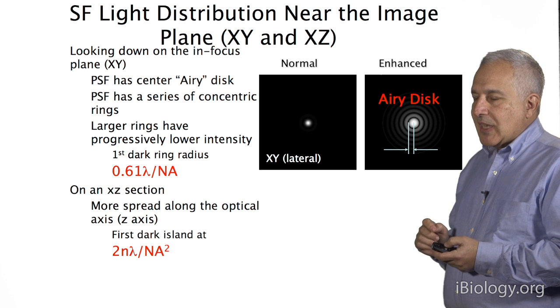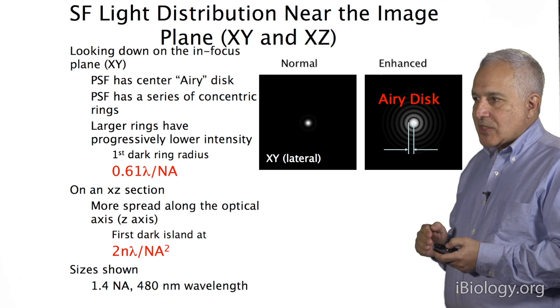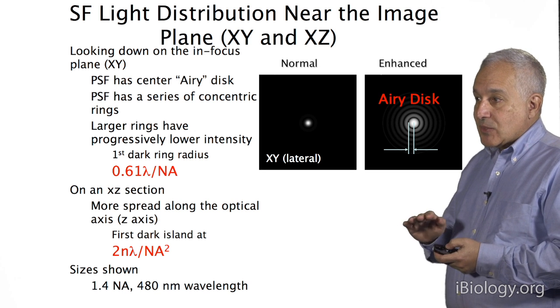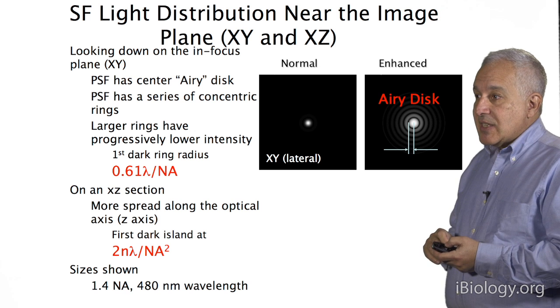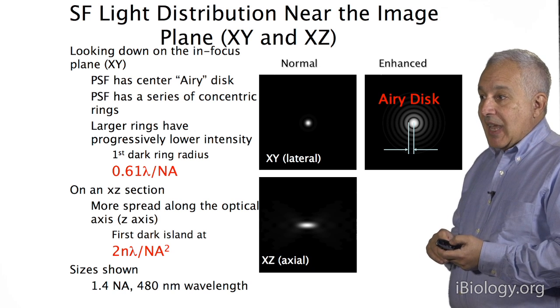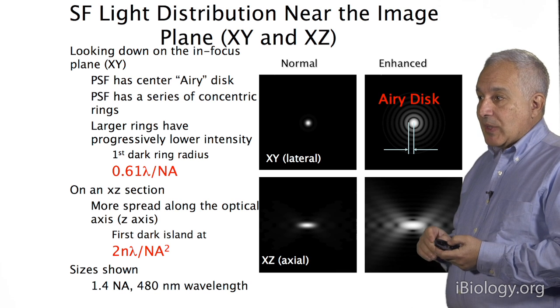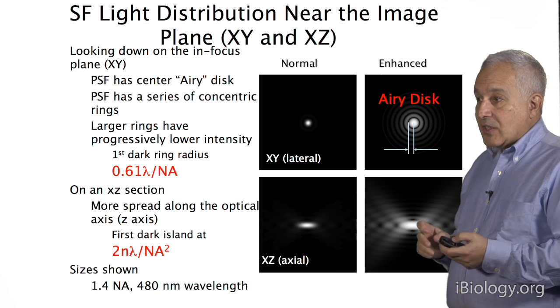One can also look at the Airy pattern not in the lateral direction, but in the axial direction, in xz, x being lateral and z being the depth plane, and one sees that the Airy pattern is now not a circle, but more an ellipse. And again, if you enhance it, there are 2 dark spots in that direction, and that's a longer distance.